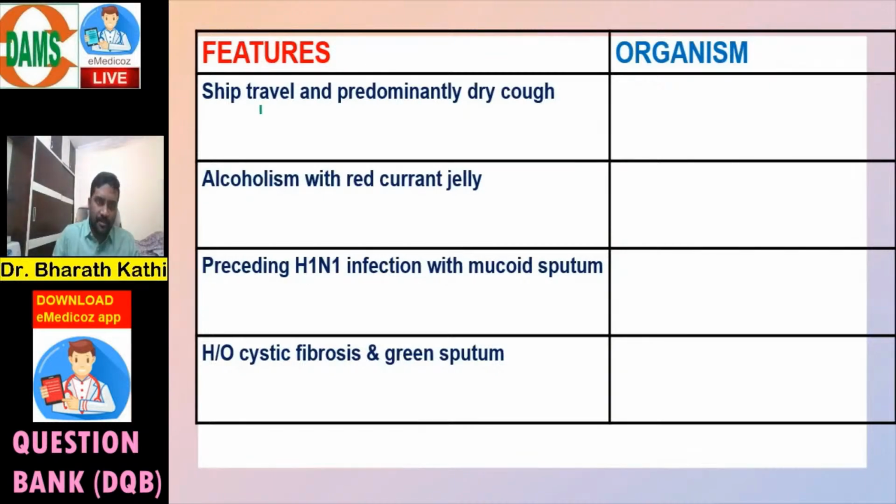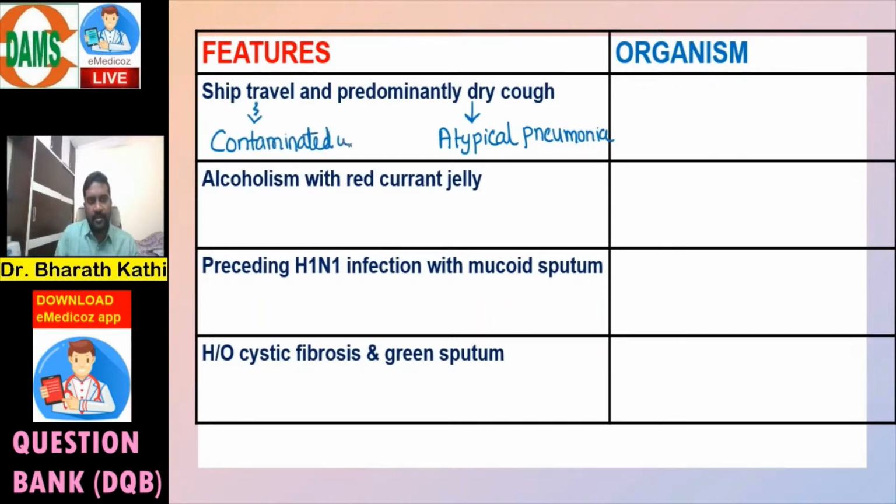If at all they give you in a question that the patient has a history of some ship travel, with predominantly dry cough, predominantly dry cough is a feature of atypical pneumonia. Ship travel means there will be exposure to contaminated water.